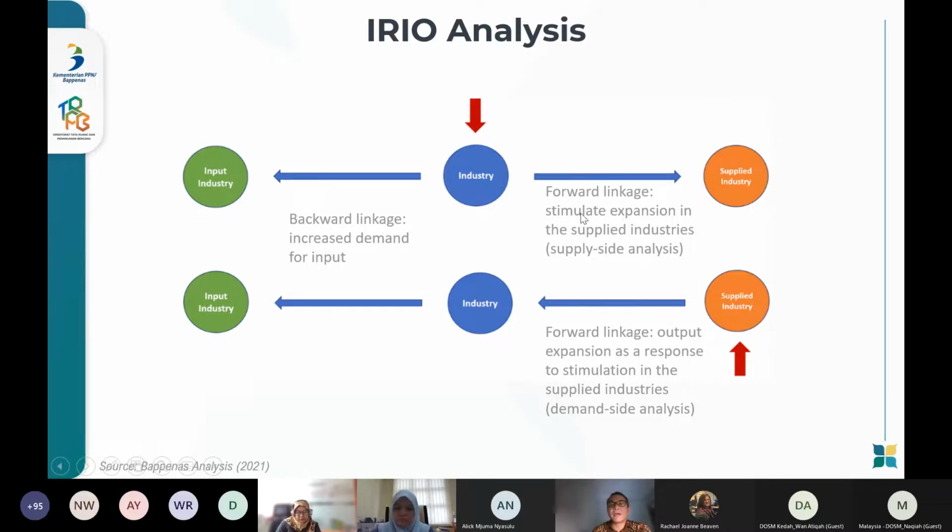We also combine this not only using the Leontief coefficient, but also the supply side cost coefficient. So we can use forward linkage here rather than the sensitivity index like in the lower one. The right side of the upper diagram is a supply side simulation: what happens if our industry of interest expands its output and then stimulates the output of the supplied industry? This uses supply side analysis with the cost coefficient rather than the Leontief coefficient.